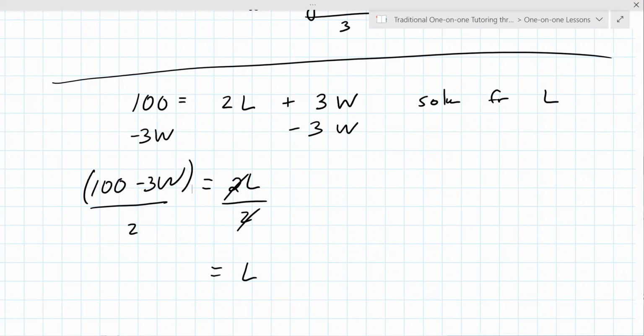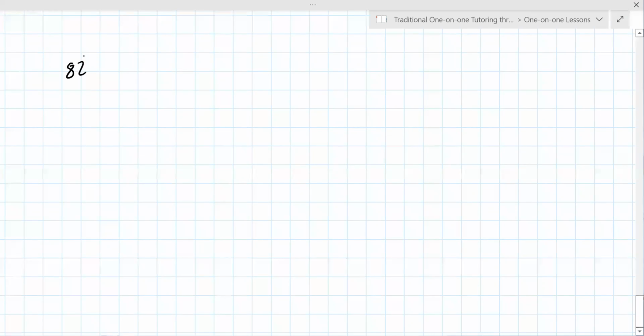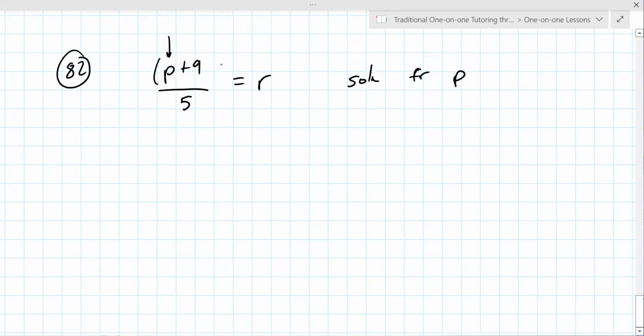Okay, let's go back and look at 82 on that problem sheet. I'll write the problem. This is the other one that was given here. It says to solve for P. So here's P, and you have to say it's really parentheses, because of order of operations, which goes to the right, but when you're solving, you go back to the left.